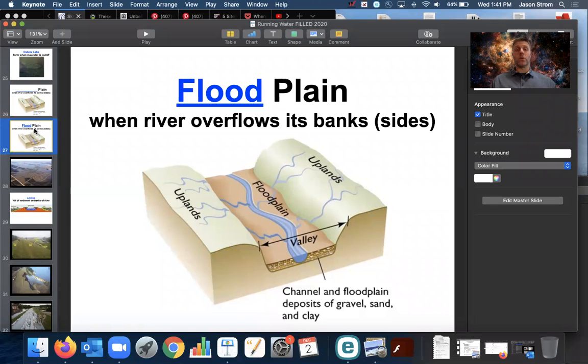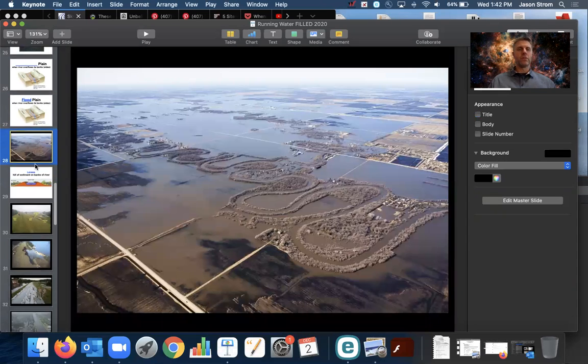It's just where that excess water goes whenever it floods, and then over time, the water will recede back into the river channel, as well as soak into the ground and infiltrate the ground to some degree. Here's an example of a floodplain.